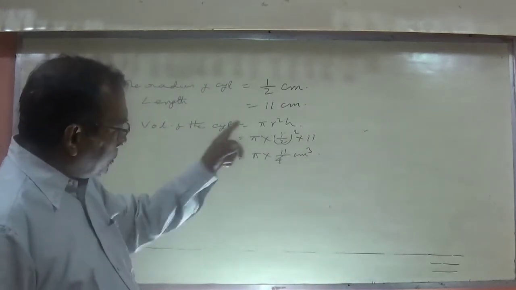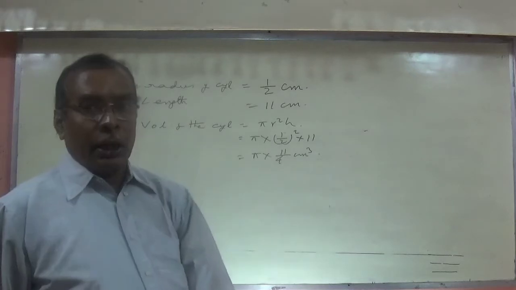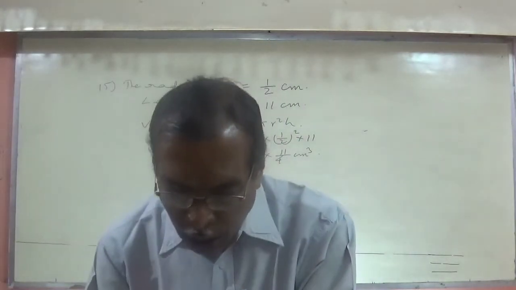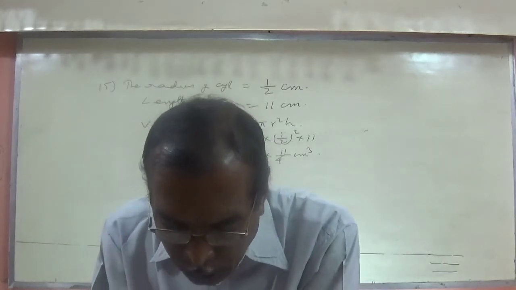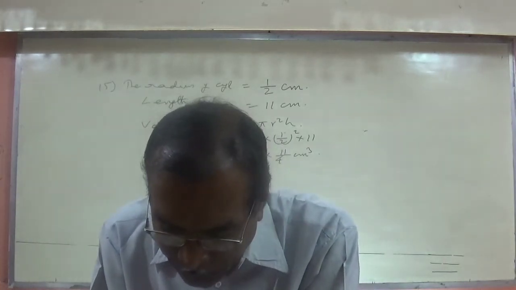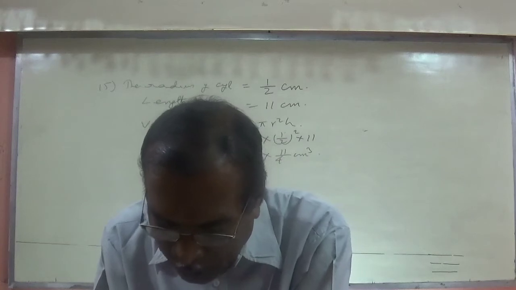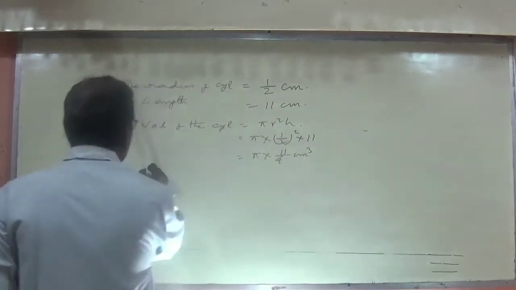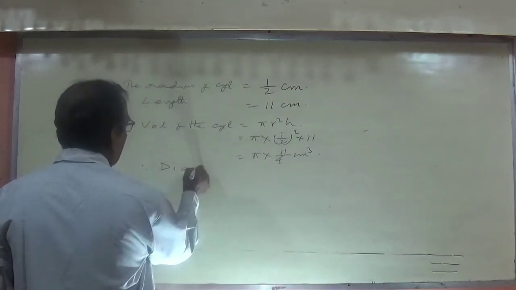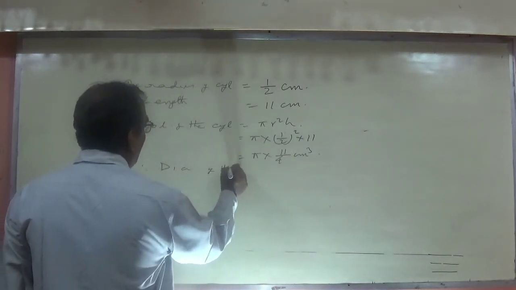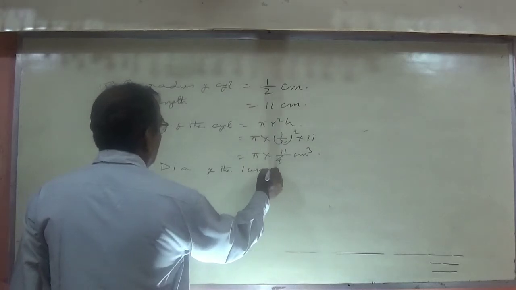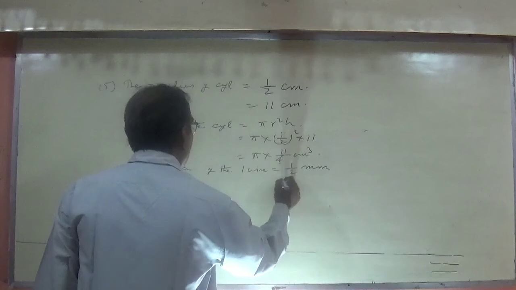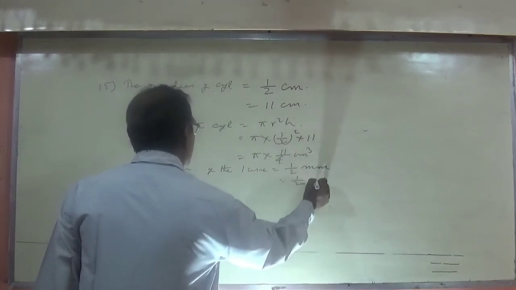Now this metal we are using for preparing a wire. About this wire it has been given that the diameter of the wire is 1 mm. So the radius of the wire is 1 by 2 mm, which is equal to 1 by 20 centimeter.